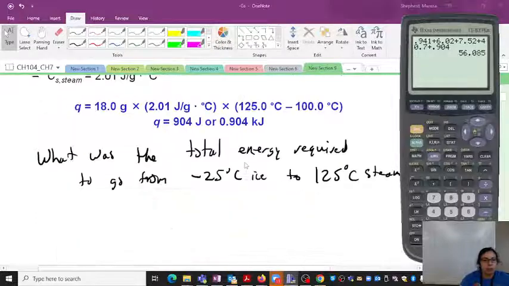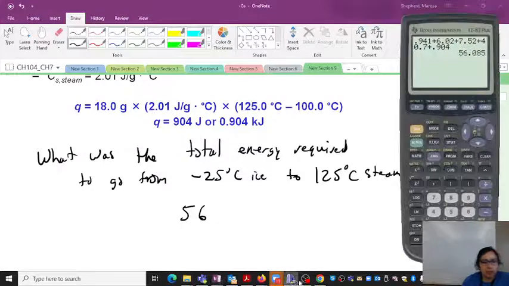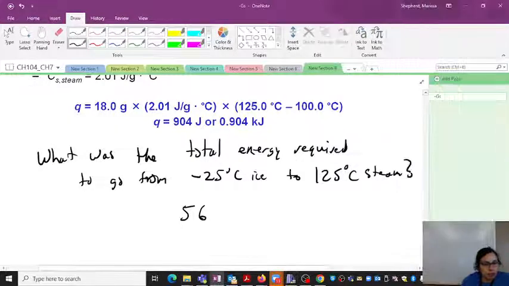And so that would give us a total energy of 56, and let's see, we'll round it to 3 sig figs, so 56.1 kilojoules.